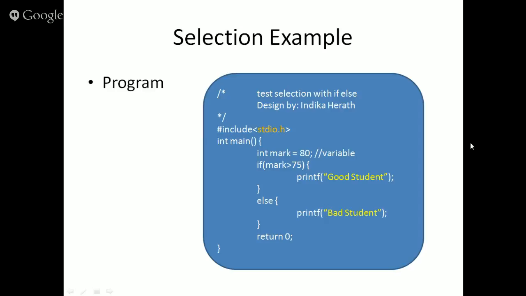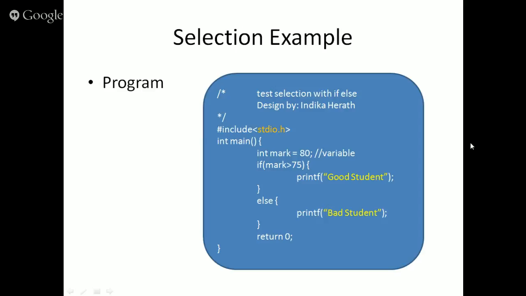You can see our selection example with an if-else program. Here, hash include stdio.h is the standard input-output header file. We imported that header file and made a program. Within the curly brackets of the main function, we add an int mark equals 80 variable.